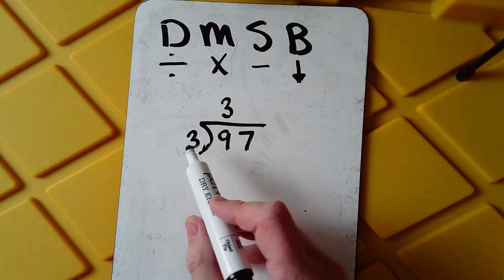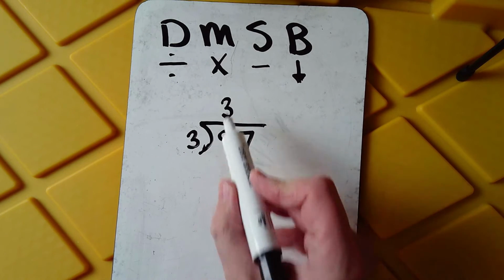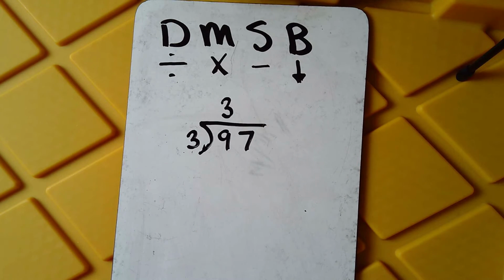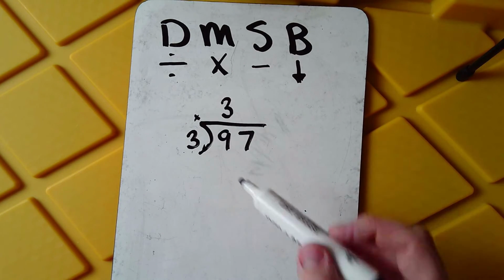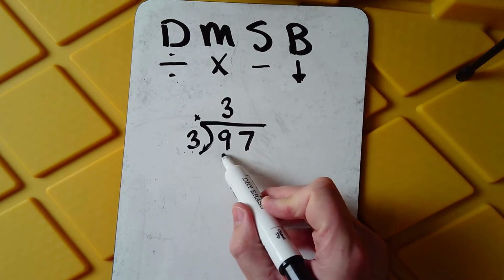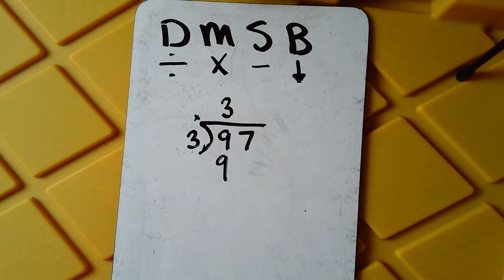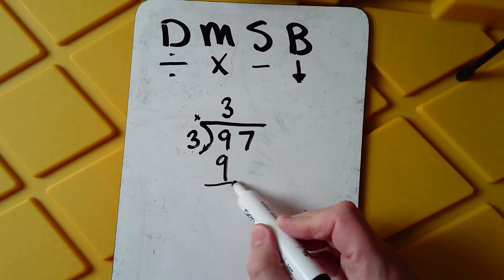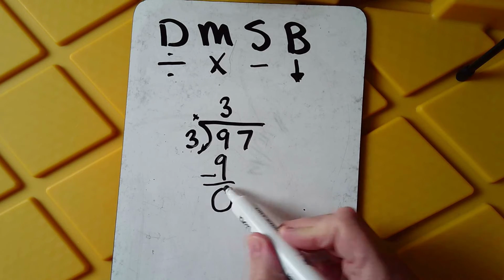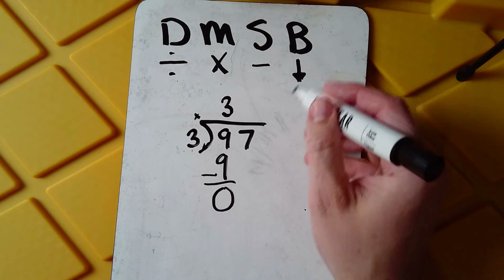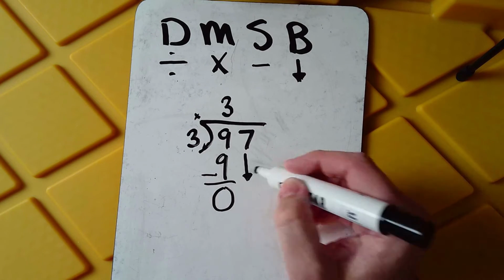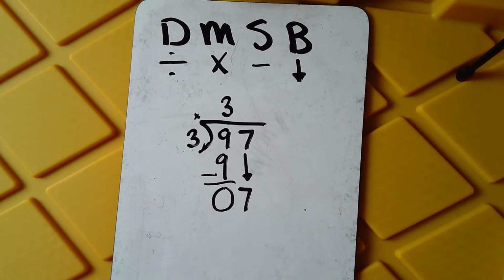So I've asked myself, how many 3s can fit into a 9? 3 chunks of 3 can fit into a 9. Now I multiply. Put a little tiny multiply to remind myself. 3 times 3 equals 9. Now I subtract. 9 take away 9. Ooh, easy. 0. After subtracting is the fun part, the bring down. Little arrow. And the 7 comes sitting next to the 0.